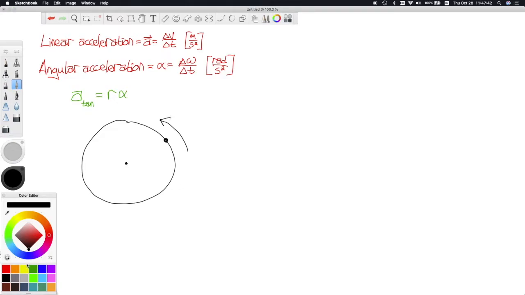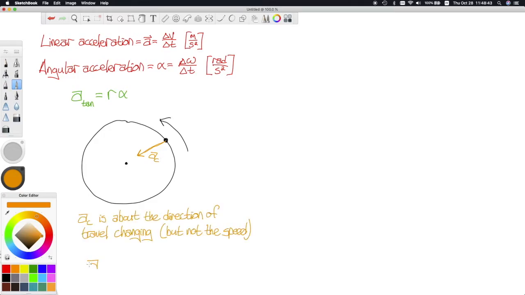For an object moving along a circular path, we have two different components of acceleration that we think about. And we've seen one of these before. We had the centripetal acceleration, which was the component of the acceleration that points towards the center of the circle. The centripetal acceleration was all about the direction of travel changing, but not the speed changing. Remember, in uniform circular motion, the speed was constant.